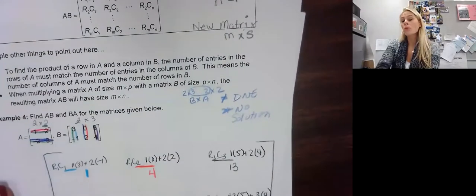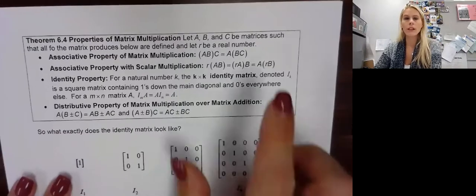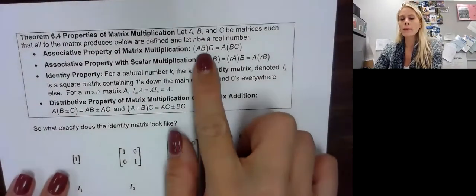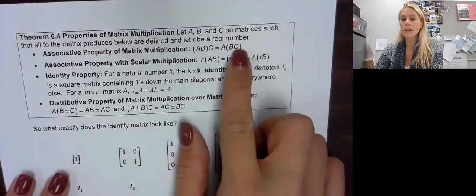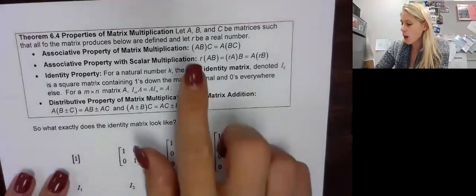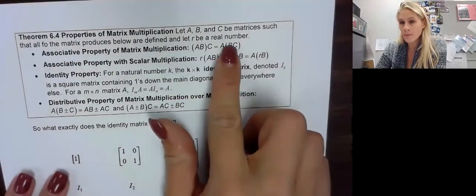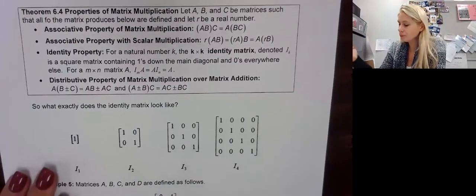Okay, so the commutative property does not work, but associative does. So A times B and then times C is the same thing as B times C and then A. Now what I want to show you with the associative property is the order is still the same. All right, scalar multiplication.